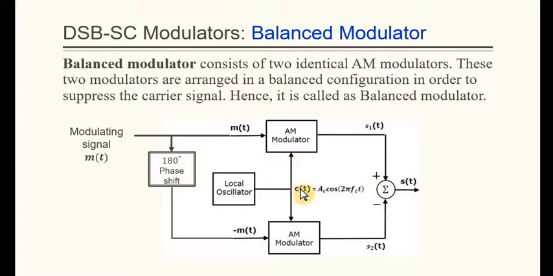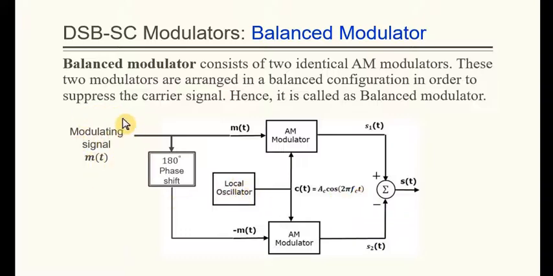So this circuit consists of, as we said, the two identical modulators, and we also have a local oscillator that generates the carrier signal c of t, which is equal to Ac cosine 2 pi fct. This is the local oscillator.